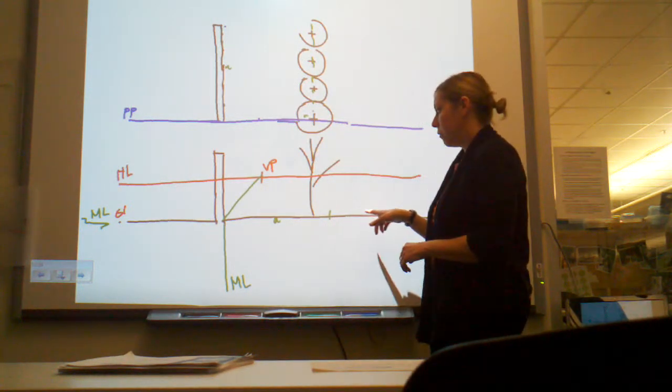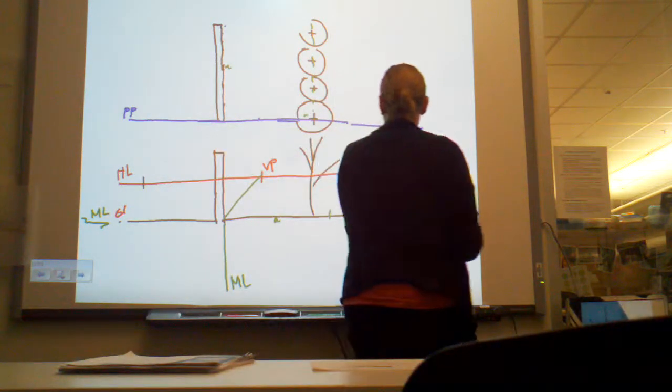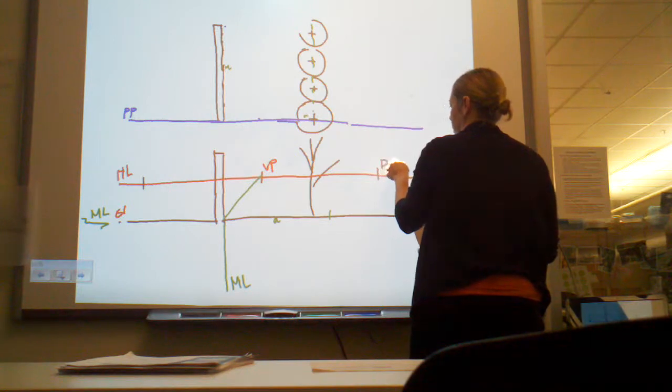Do you guys remember we had the two diagonal points, the left and right?